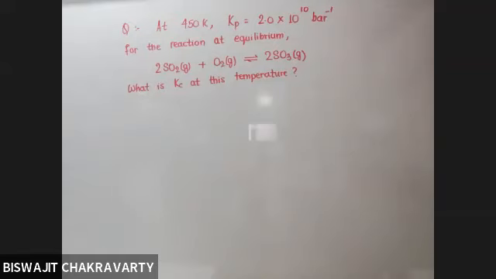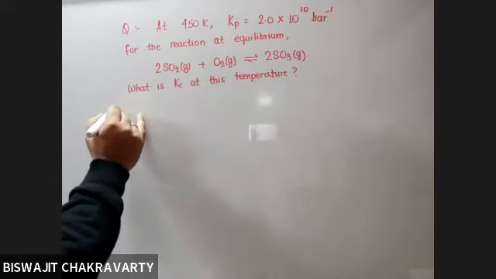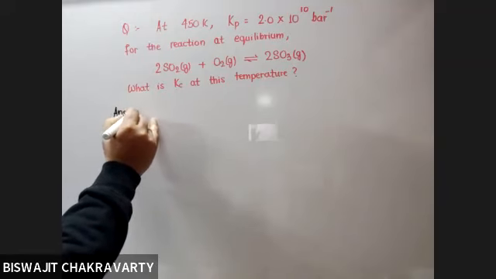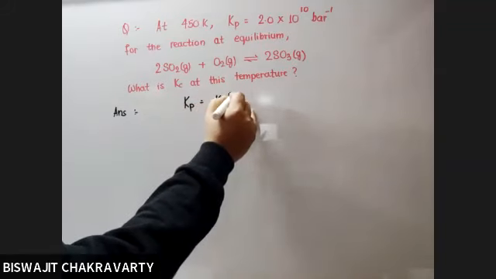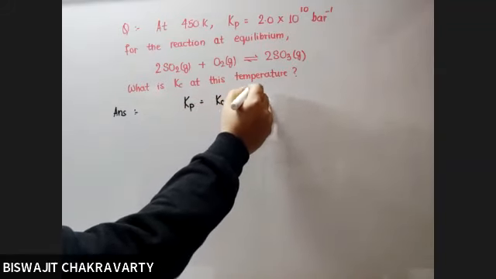So this is a question related to the relation between Kp and Kc. What is the relation between Kp and Kc? We know that Kp is equal to Kc into RT to the power delta Ng.